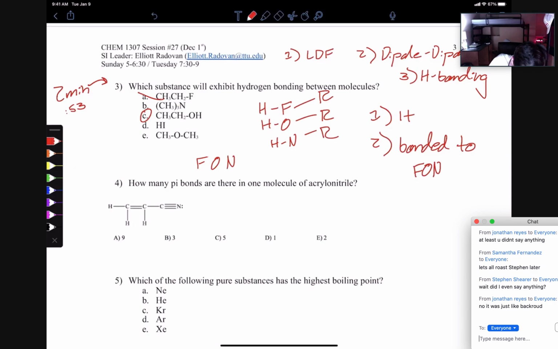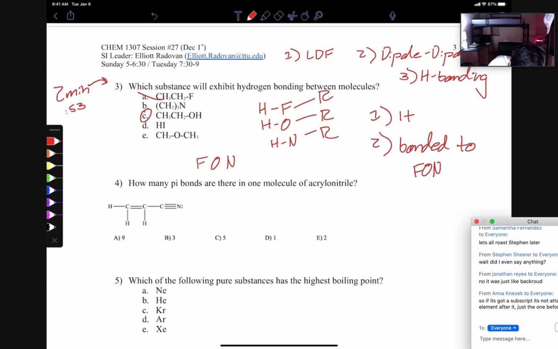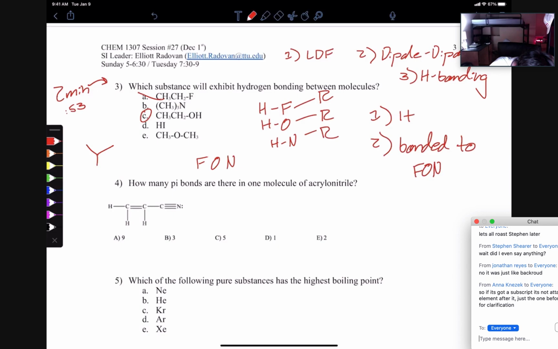So that's not valid. Hydrogen bonding is not happening there, okay? Next, let's look at answer choice B. That's CH3, three times, and nitrogen. That one is going to look kind of like this. CH3, CH3, CH3, and nitrogen. These are so much easier to do in the skeletal form that we learn in OChem, but generally that's a carbon, that's a carbon.